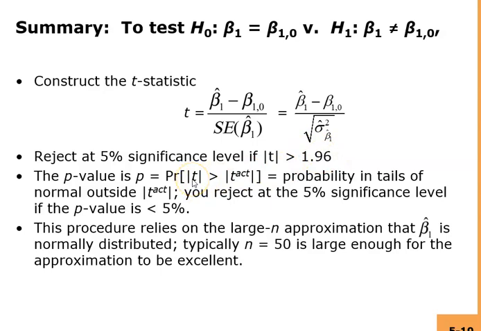What we are trying to see is whether the probability which corresponds to a t-value of 1.96 is greater than the probability which corresponds to the t actual, calculated by plugging in the numbers over here.